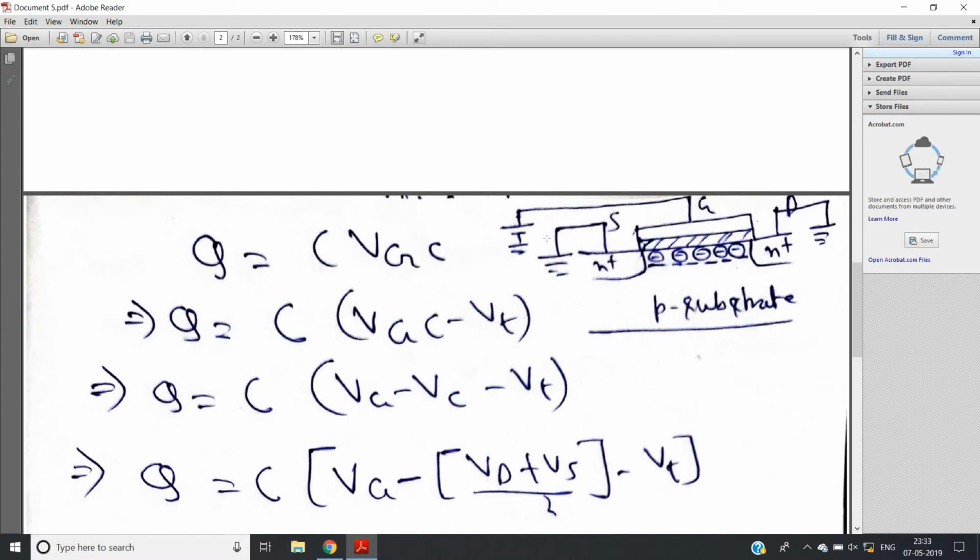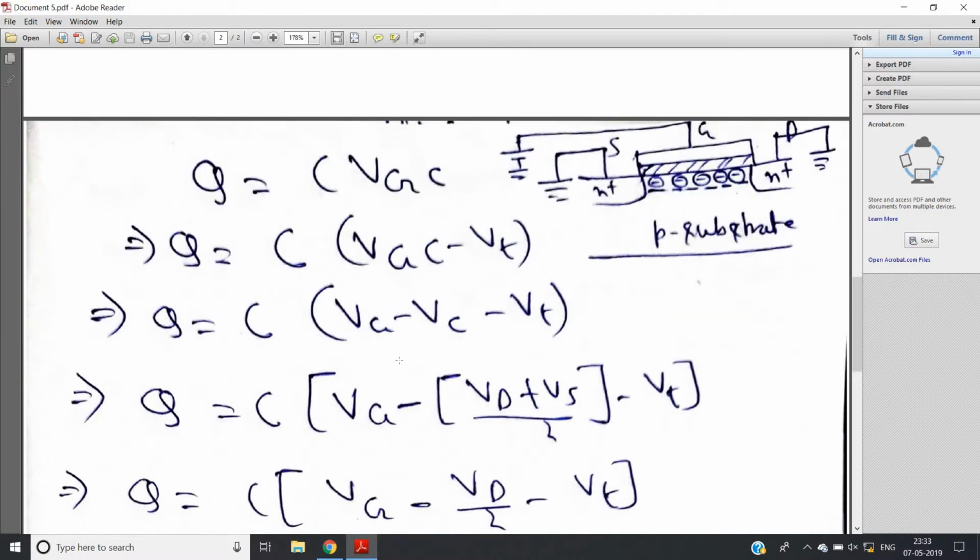Here in the source there is a potential, and in the drain there is a potential. So if we want to consider the potential of the channel, better to take the average. Basically we should integrate the potential at each point, but for easily getting the result, for simplified explanation, I told in my derivation that you can take the average value, because one kind of approximation of integration is taking the average.